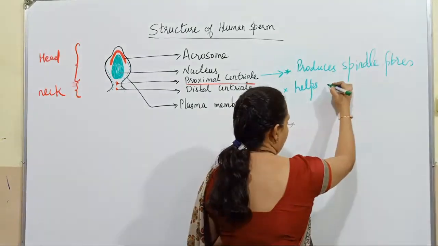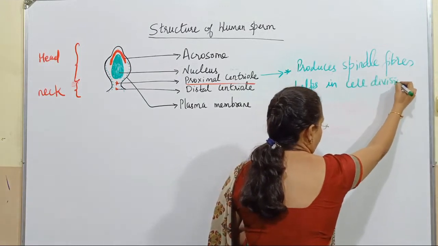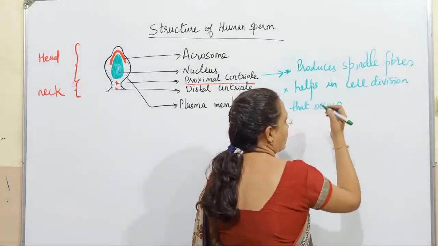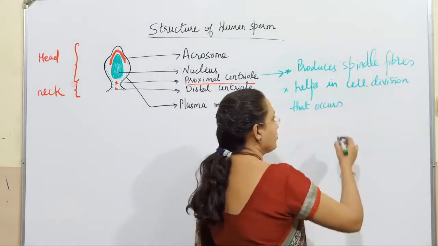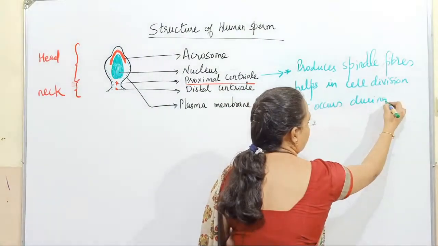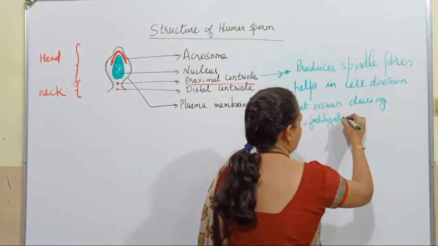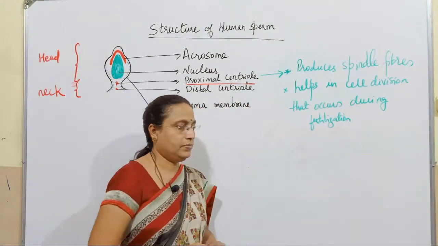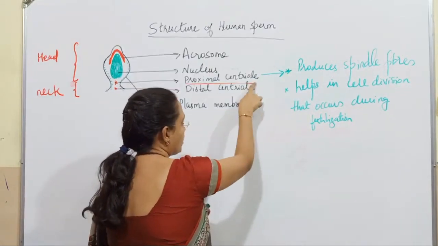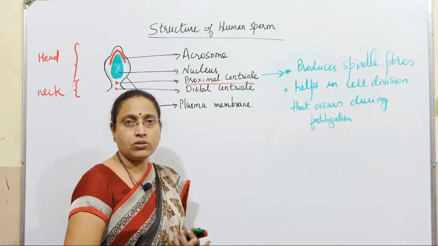So it helps in cell division that occurs during fertilization. So these two are the functions of the proximal centriole. The proximal centriole is more towards the nucleus. Its location is more towards the nucleus.